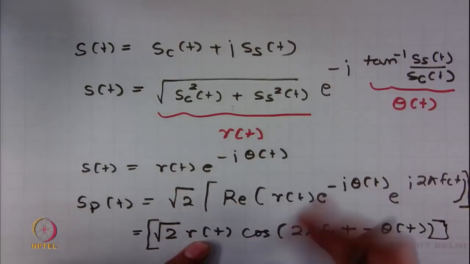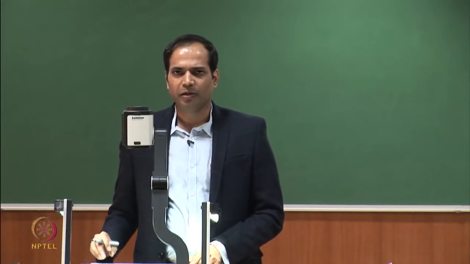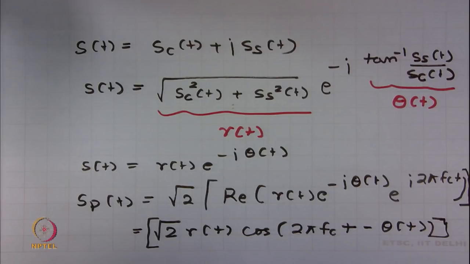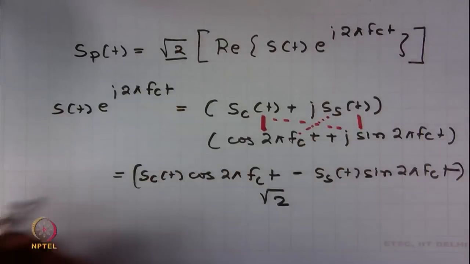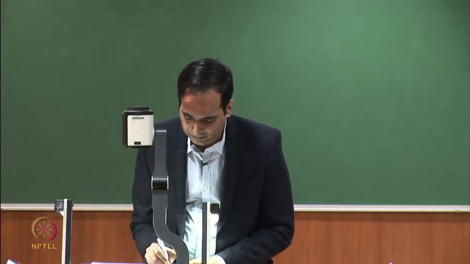So, this is another representation, this is not used a lot. So, let us just look at it and forget it. The most important expression for us is this quantity, this one. So, let me now draw a picture for this. I have S(t), which is the complex envelope of the passband signal.